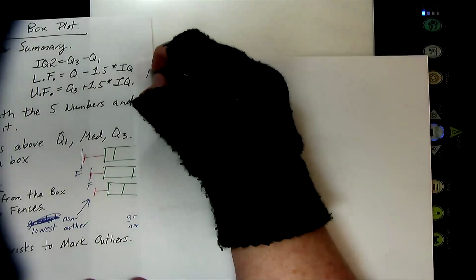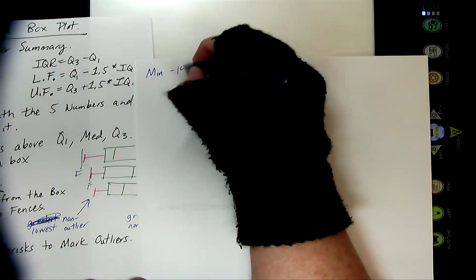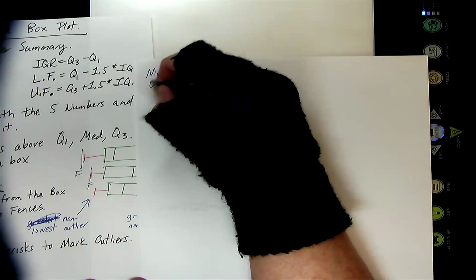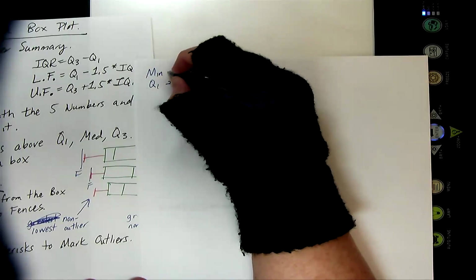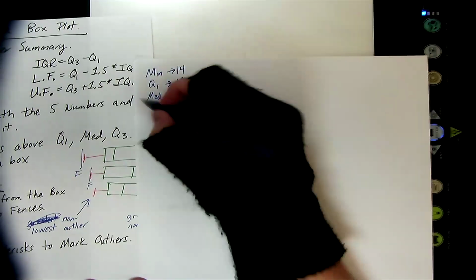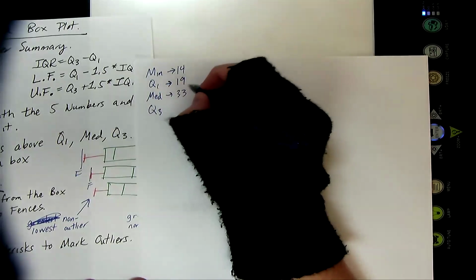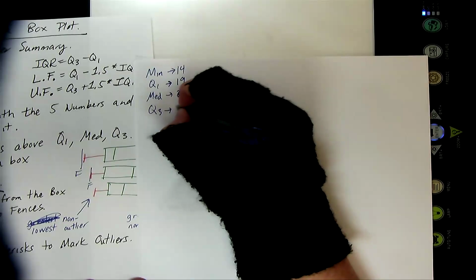So I'm gonna rewrite down my information here. I had min was 14. I had Q1 was 19. Median was 33. No, median was 22. Q3 was 33.